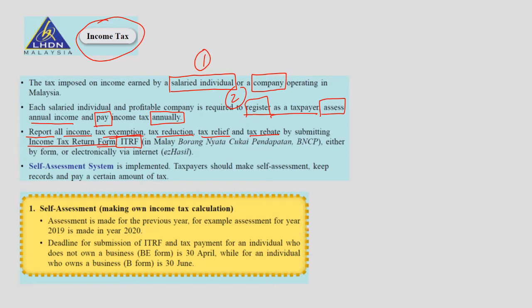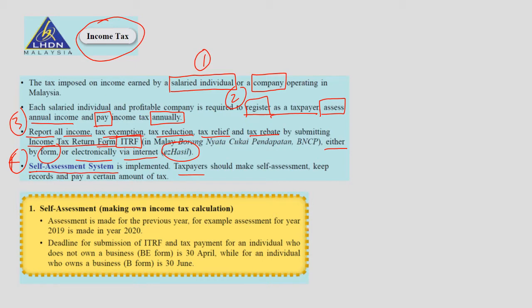You can submit either by filling in the form manually, or electronically via the internet. It's called e-Filing Hasil. Okay, that is number three.